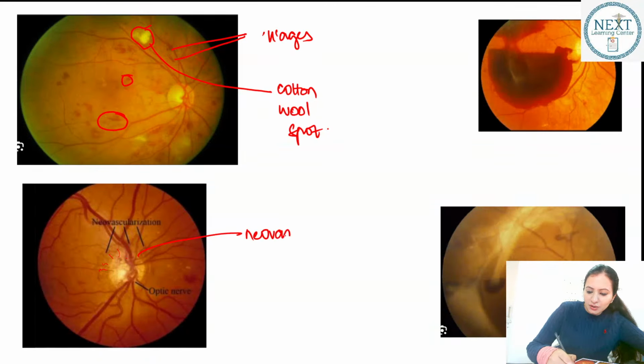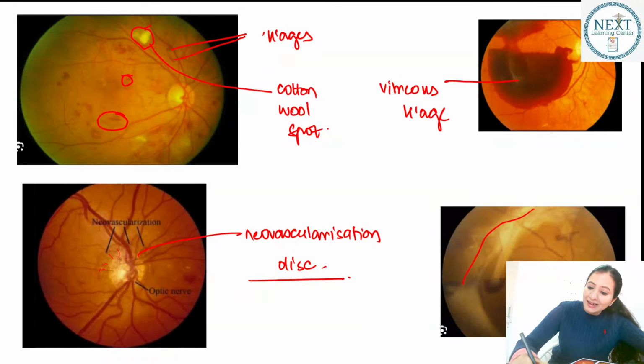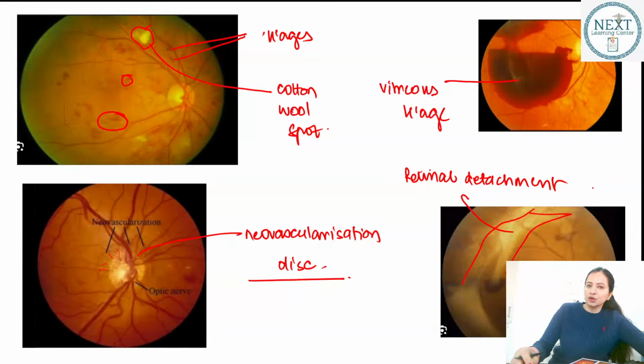Since this is occurring on the optic disc, this is neovascularization of the optic disc. This is your hemorrhage in the vitreous, known as vitreous hemorrhage. These are traction bands that are pulling the retina forward, leading to retinal detachment. So this is how they look on fundus photo.